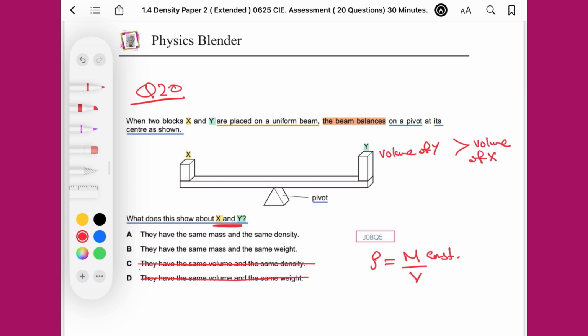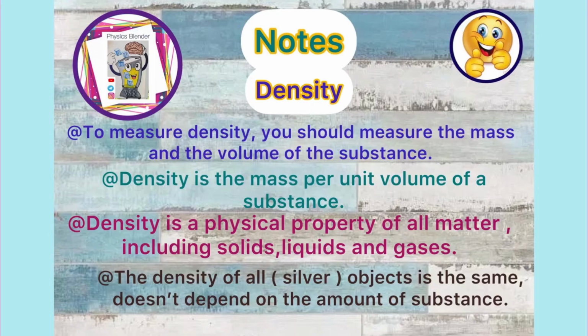They have the same mass and same weight, but we cannot say they have the same density. Why? Because they have different volumes. This question also is very important and challenging.